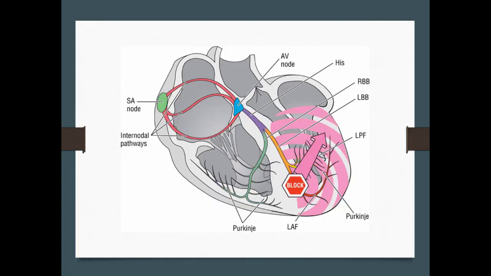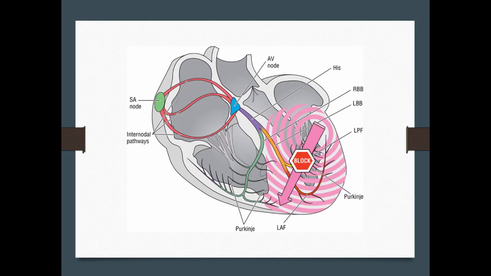And each of these creates kind of a directional problem. So in this diagram, my left anterior fascicle is blocked off, so that creates this flow of electricity this way into the left posterior fascicle.